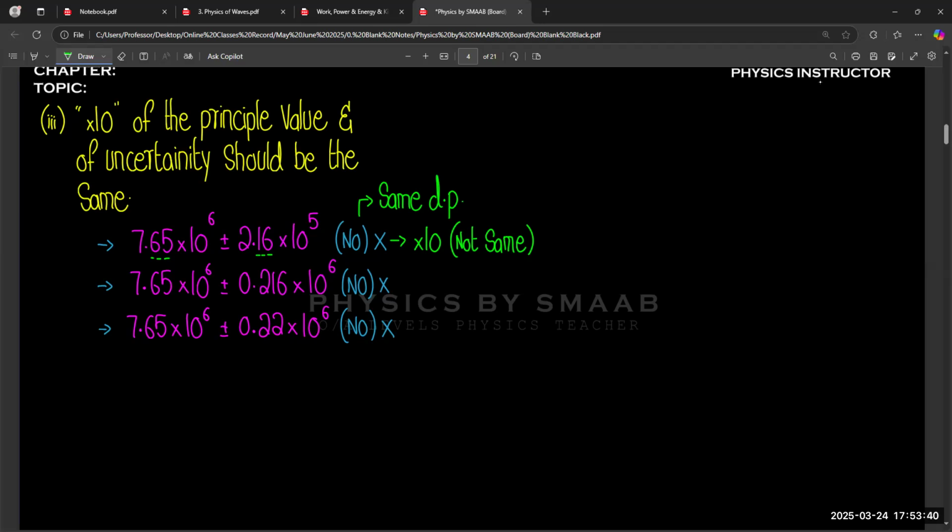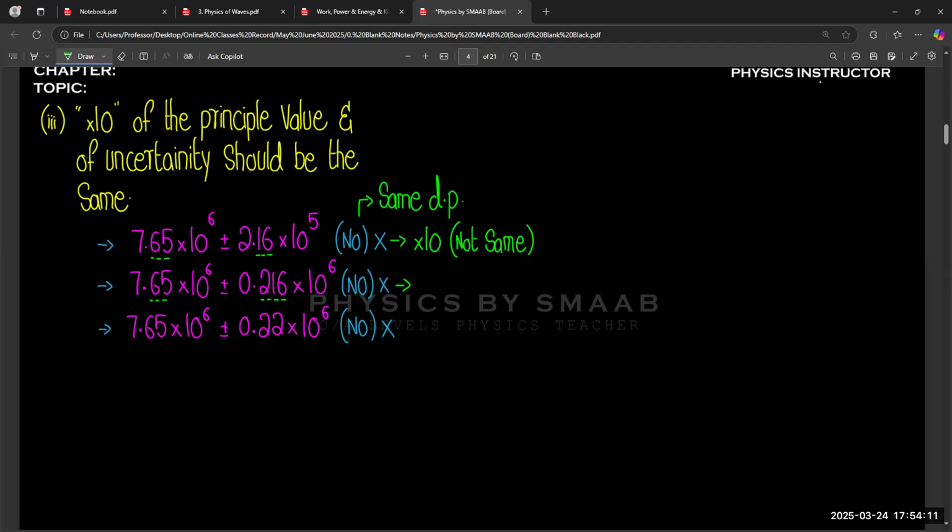And if we consider the second option, in the second option we have the same decimal point. Oh, sorry, we have different decimal points, because in the true value we have 7.65, and in the uncertainty value we have 0.216.